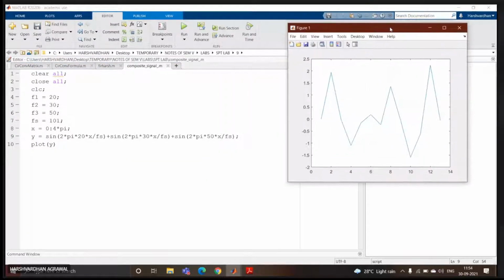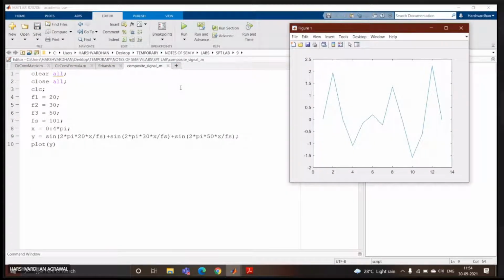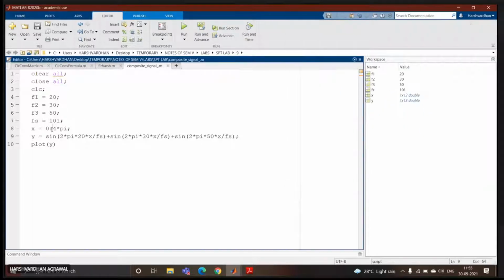Actually, here I find some problem in selecting this interval of time, t or x, whatever you have mentioned. So in that case, suppose your sampling frequency is 1/100. How should you mention the sampling frequency?